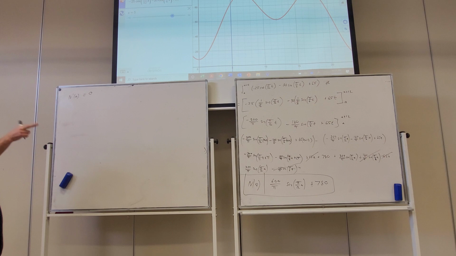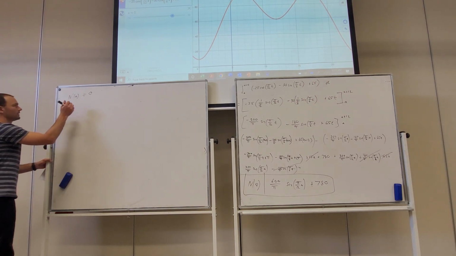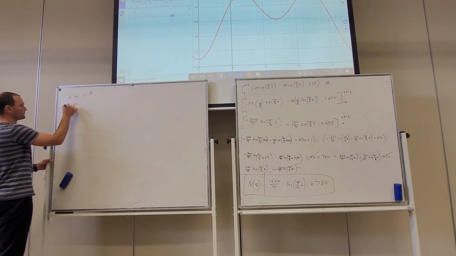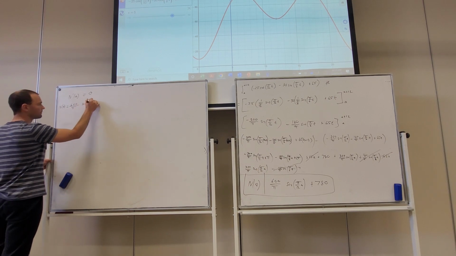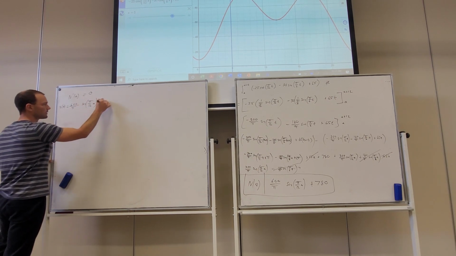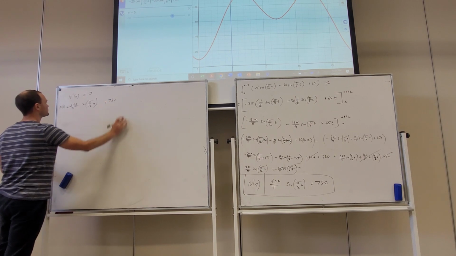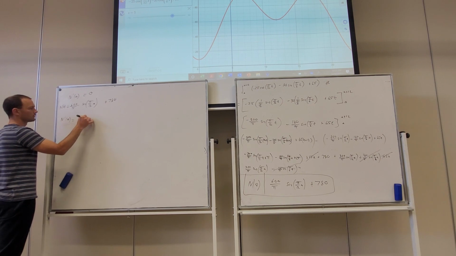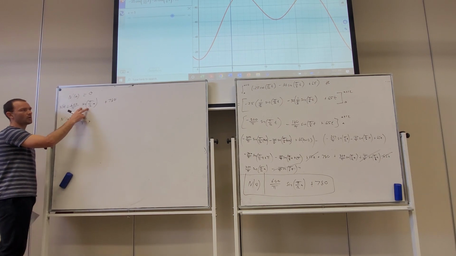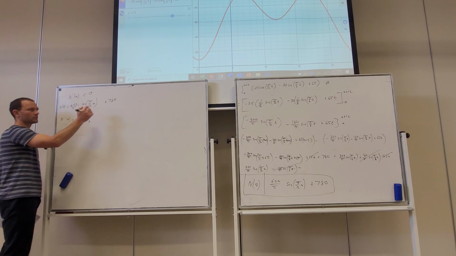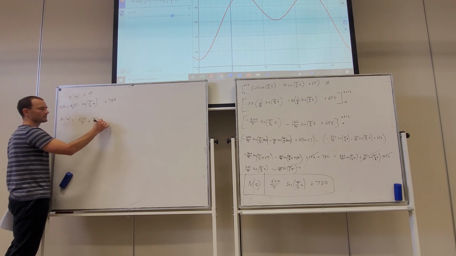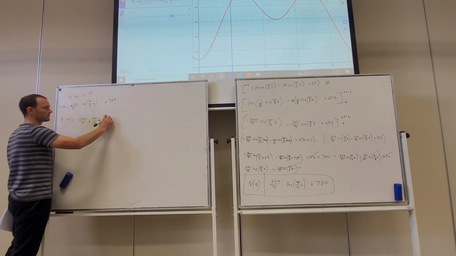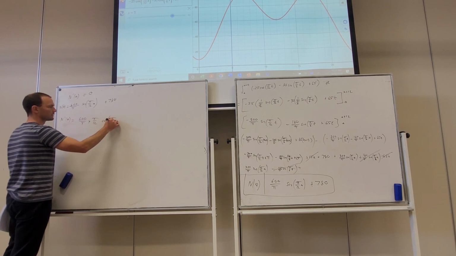All right, so what we have there is n of a is 600 on pi times sine of pi on 12a plus 780. So I'll write it up here first. 600 on pi sine of pi on 12a. Now, sine of f of x, when you differentiate it, goes to f dash of x cos of f of x.